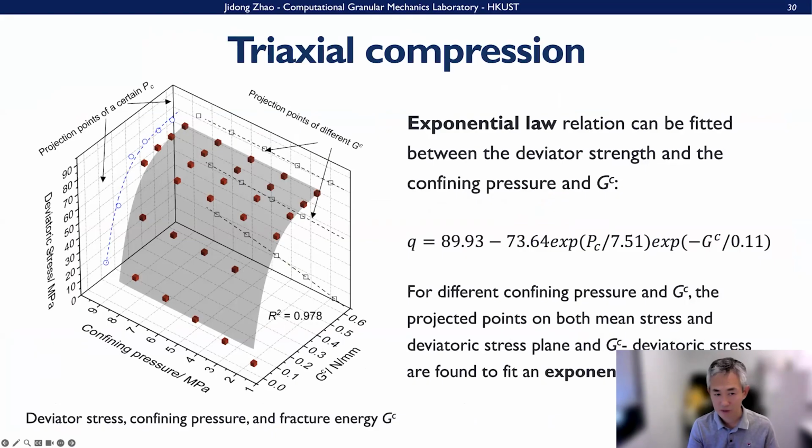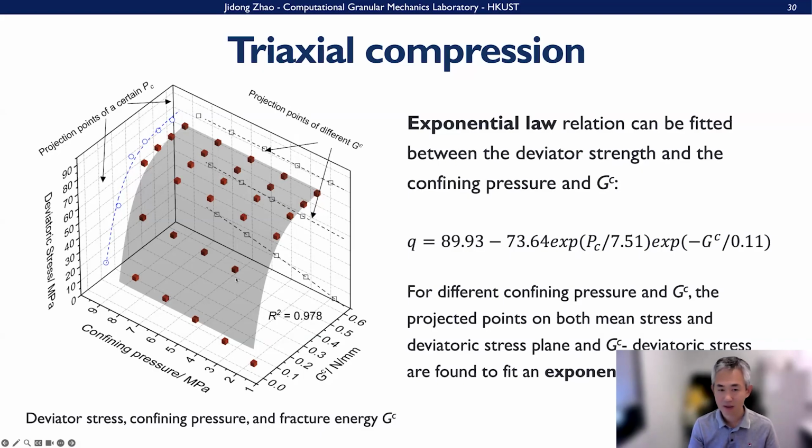We plot the deviatoric stress, the confining pressure, as well as the fracture energy of the cohesion, and then we fit such an exponential law relation among the deviatoric stress, the confining pressure and the fracture energy here. Okay, and then this can be projected to the box plot that I showed before here, right?